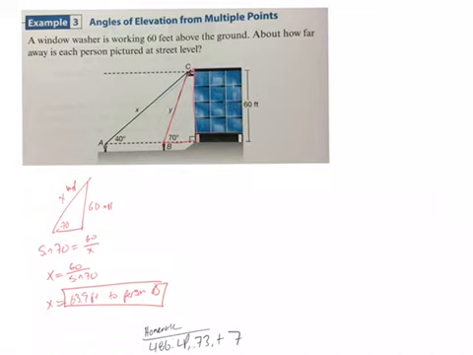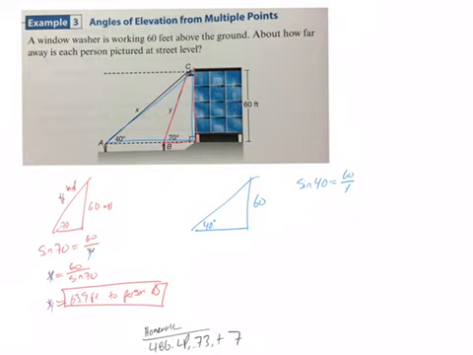Now looking at this triangle here, again this is 60, this is now 40 degrees, so I'm going to set up pretty much the same way. Sine of 40 is equal to 60 over x. So I guess I should have used y over here, huh?